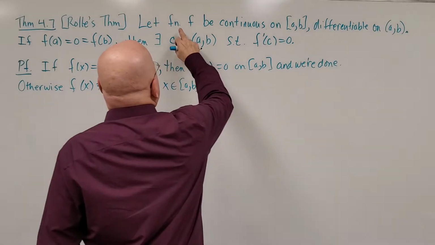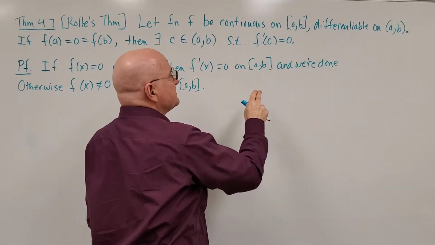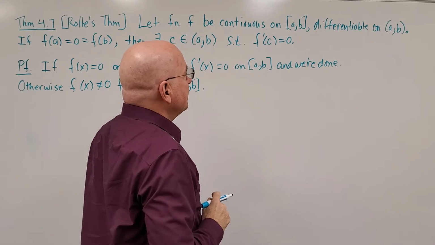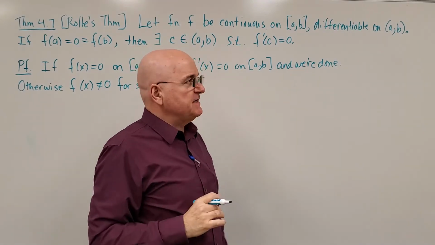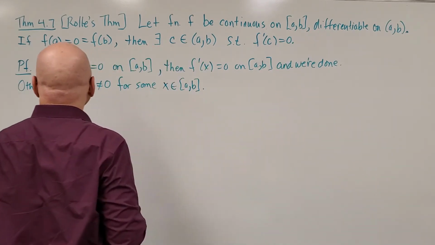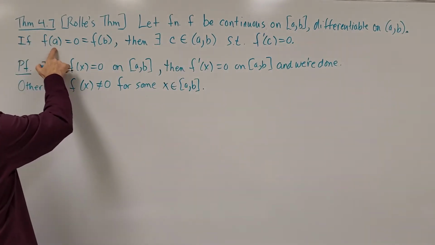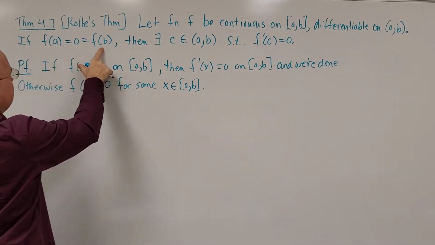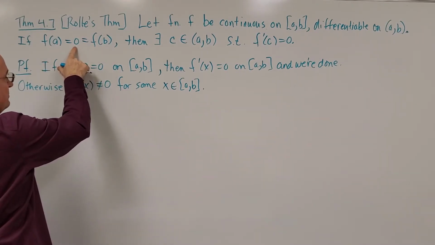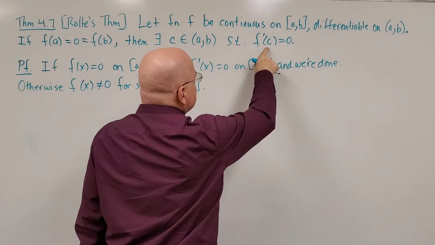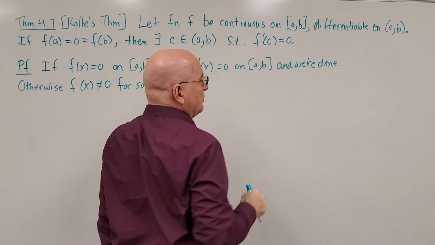Let function f be continuous on a closed and bounded interval [a, b], and differentiable on all the interior of this closed interval. If the values of the function at the endpoints a and b are both 0, then there's a c somewhere in between that has a derivative equal to 0.